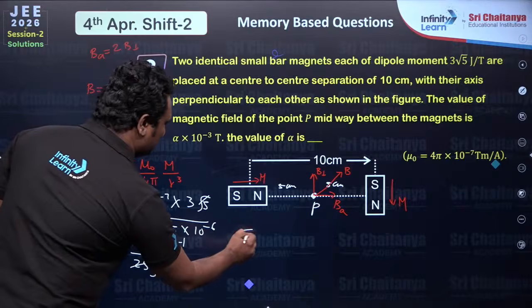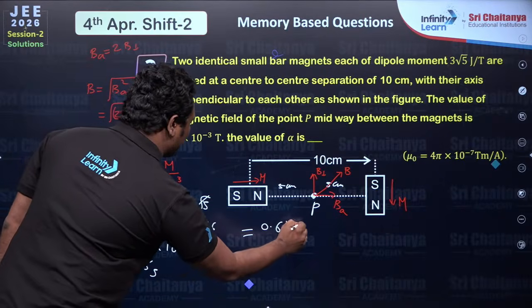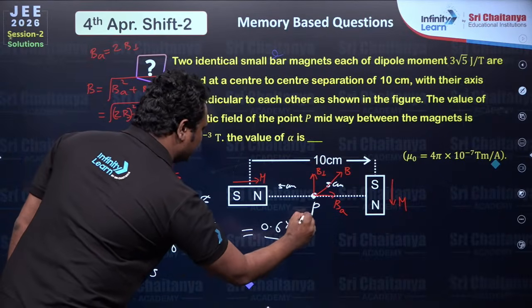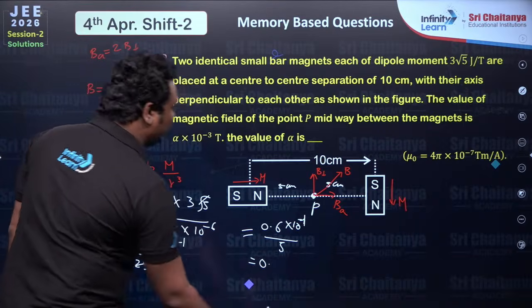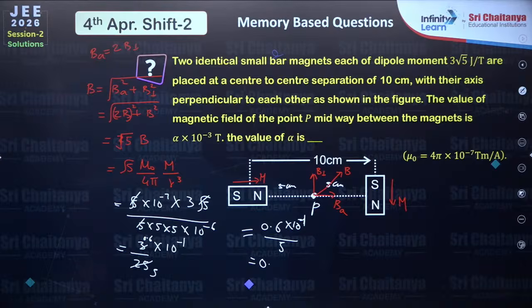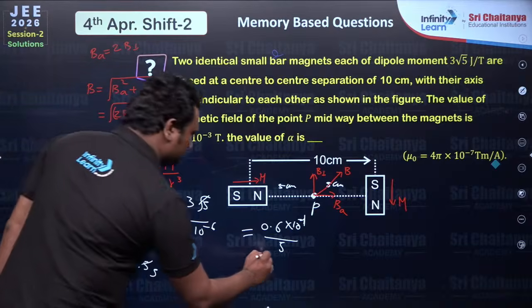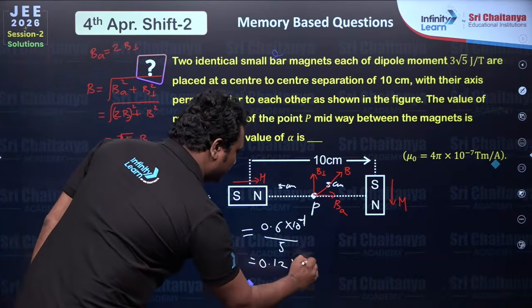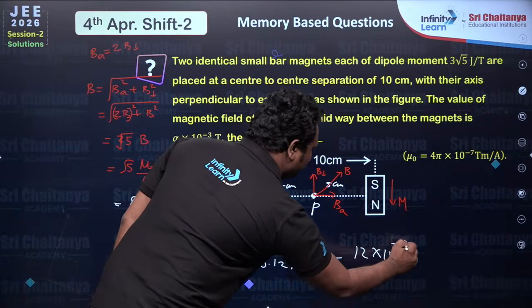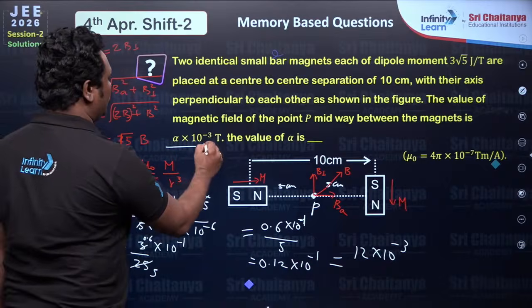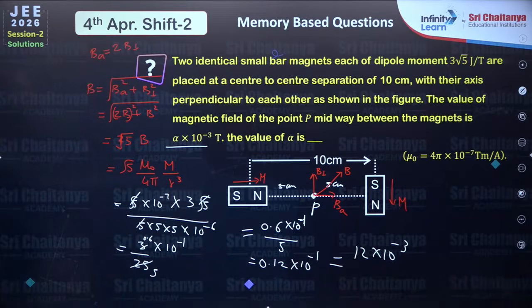So finally 0.6 into 10 power minus 1 divided by 5. This will be 0.12 into 10 power minus 1, which can be written as 12 into 10 power minus 3. According to the solving, alpha will be 12 into 10 power minus 3.